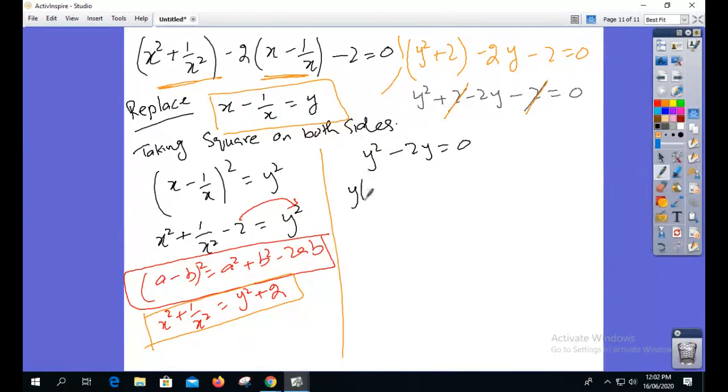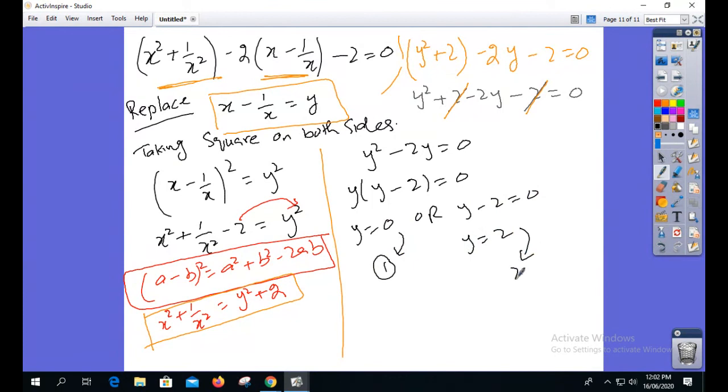By taking y common, we have y(y minus 2) equals to 0, so y equals to 0 or y minus 2 equals to 0, or y equals to 2. This is equation number 1 and this is equation number 2.